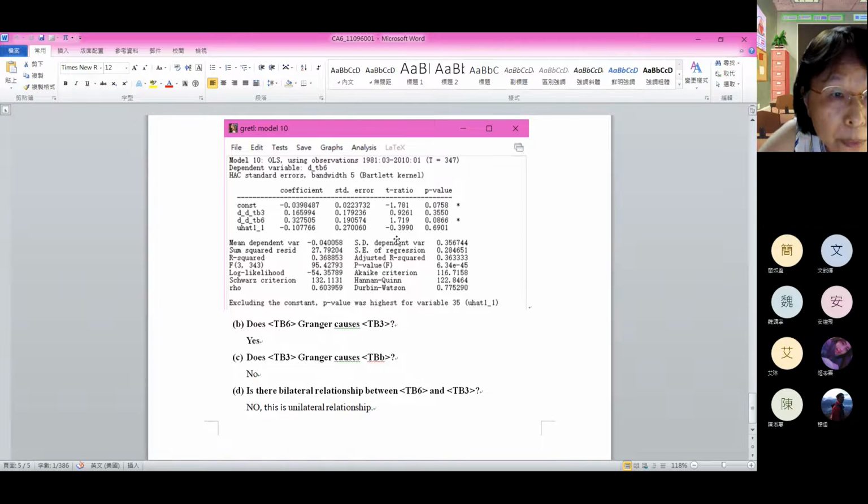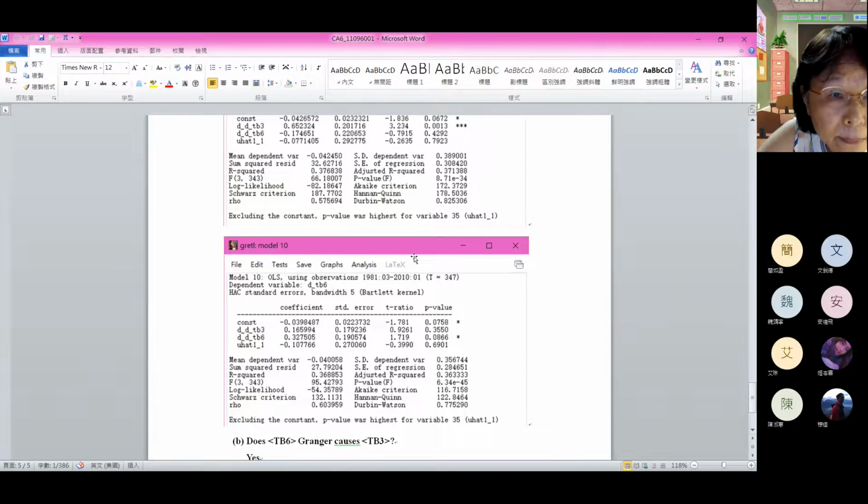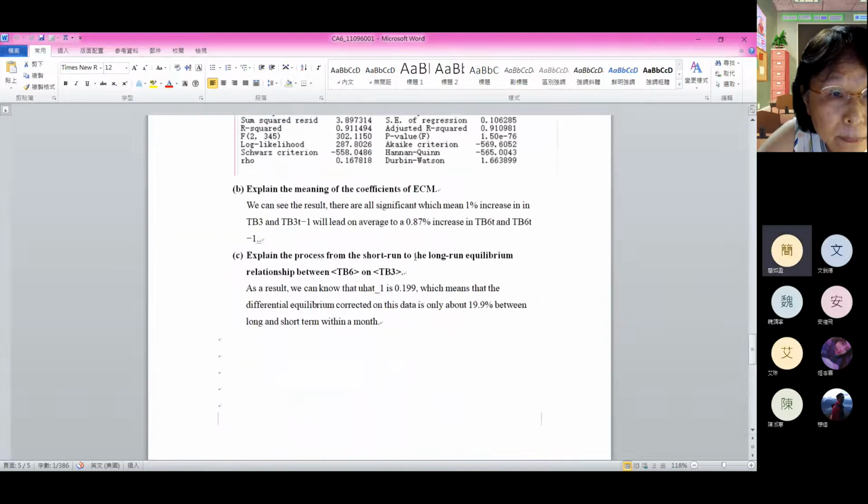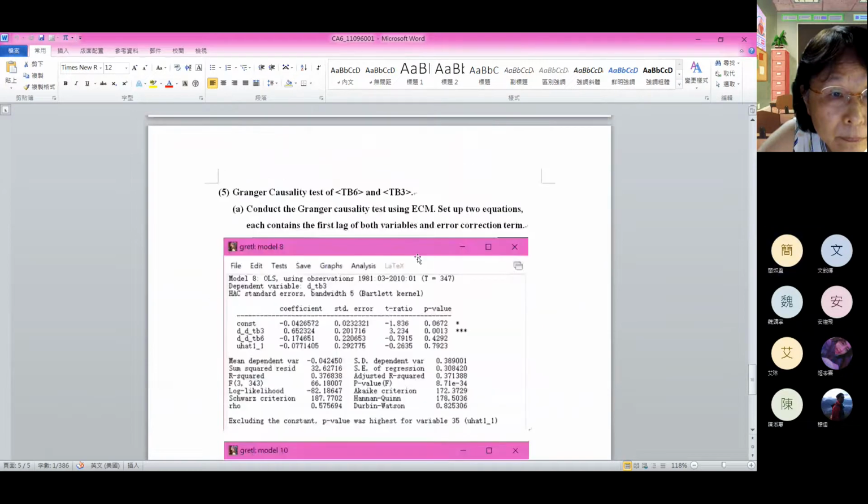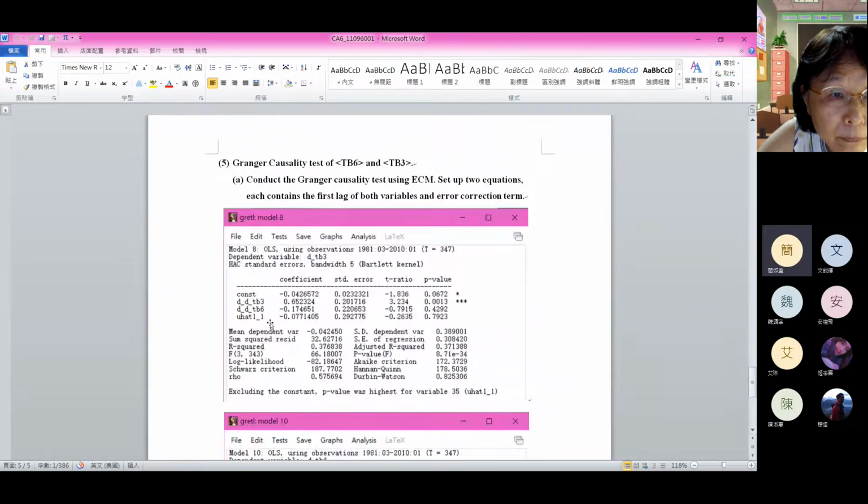Okay, excuse me. What is the U hat one here? Sent to the first part, which has a lag. Say it again?